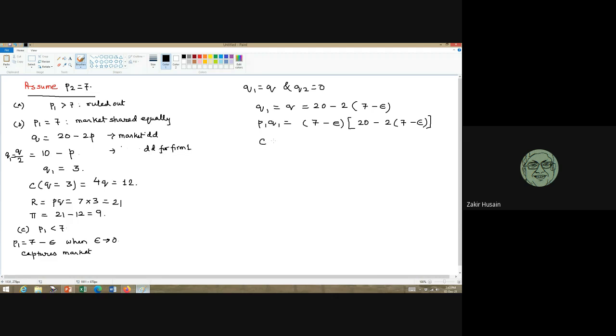Okay, what is cost? Cost is 4 into Q1, which is, and what will be profit?